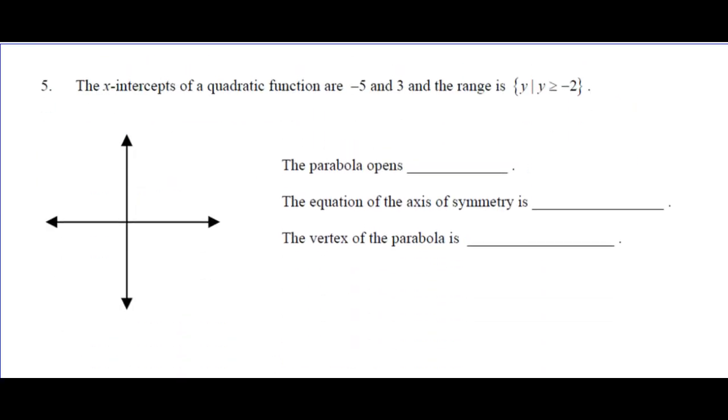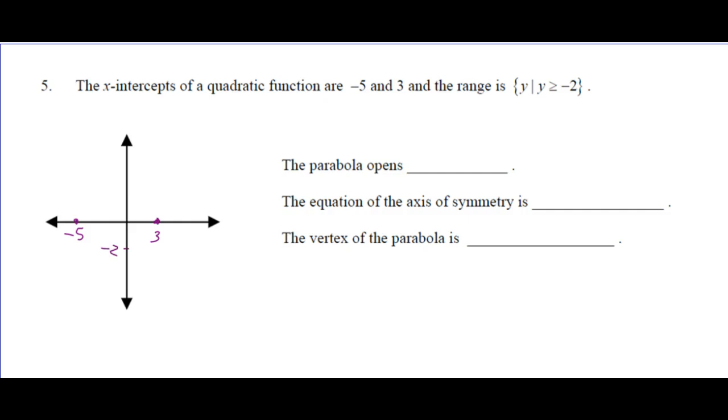All right, the x-intercepts are -5 and 3. Okay, so -5, 3. The range is y is greater than or equal to -2.